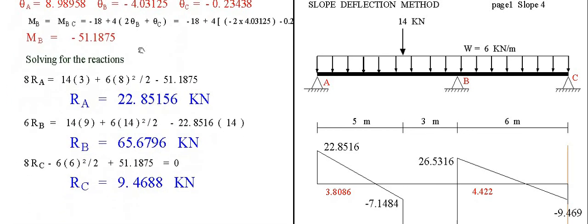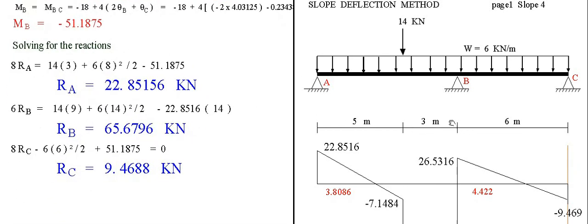Then solving for the reaction, look at the original beam, cut section at B here, then consider the left side of B or AB. We have the moment here in this direction, clockwise. If we consider this, internally there is a moment at B of negative.